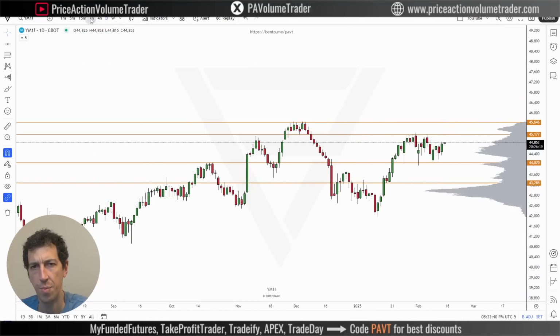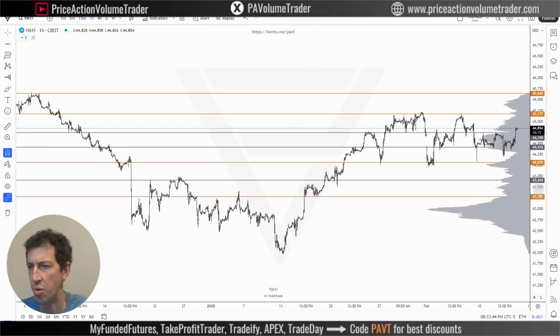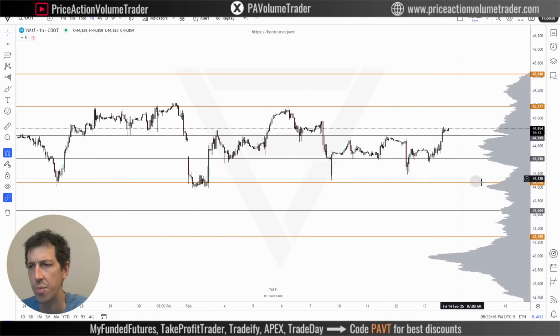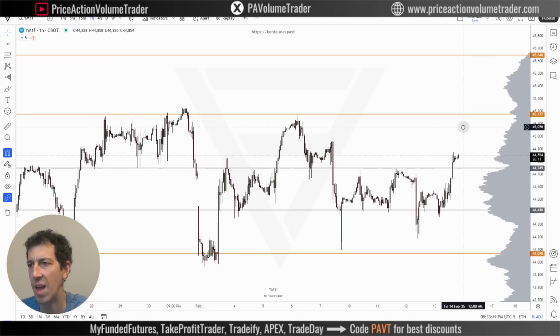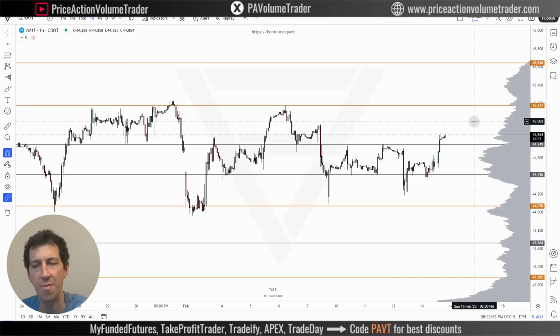So now let's go down into the hourly, zoom out so the profile comes on. And now the last step that I like to do is I want to identify high volume node areas, and by that also low volume node areas.